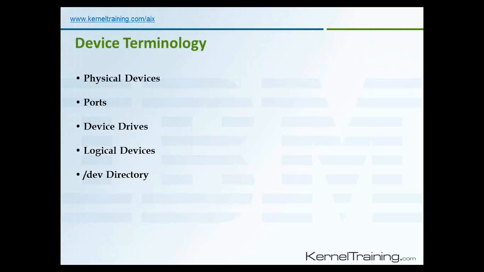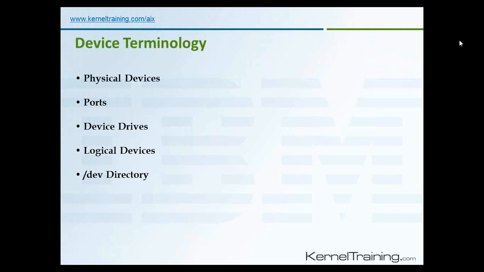You can use a CD drive, tape drive, pen drive, printer, scanner, or you can have RAM, motherboard, processors. Lots of things are called devices. So any kind of device you can connect to the AIX environment and work with it.